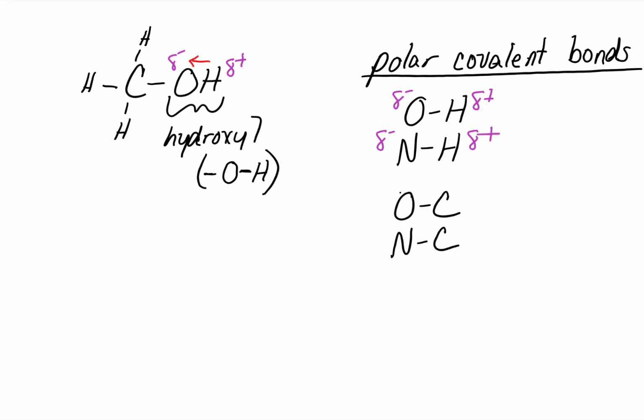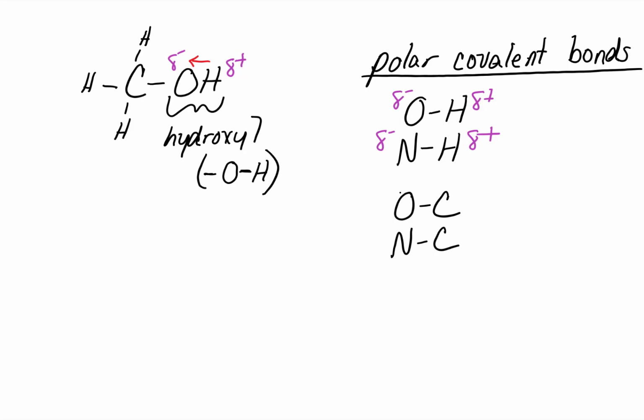Polar covalent bonds are also formed when oxygens bind to carbon atoms and nitrogens covalently bond to carbon atoms. Oxygen and nitrogen, again, have a higher electronegativity as compared to carbon.